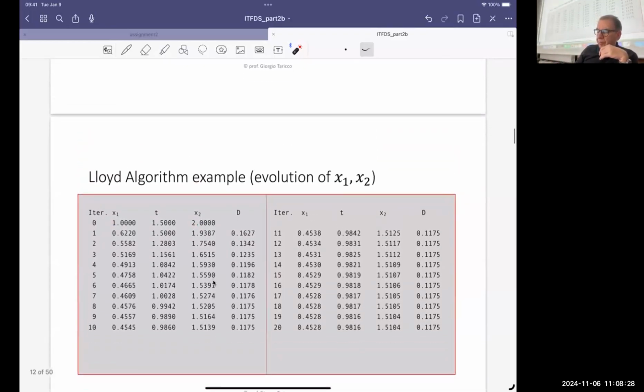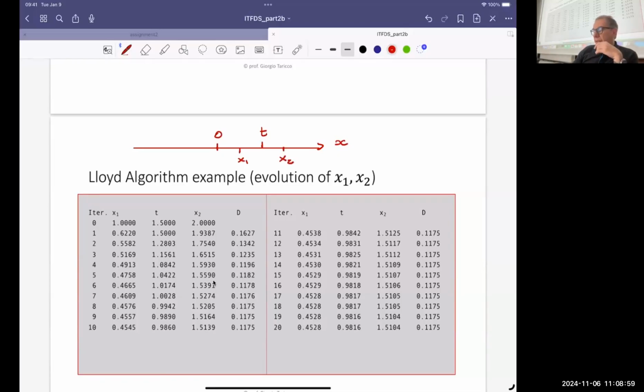Just to remember how we have located our quantization points: if 0 and T are located in this part of the positive real axis, here we are going to have x1, and here we are going to have x2.